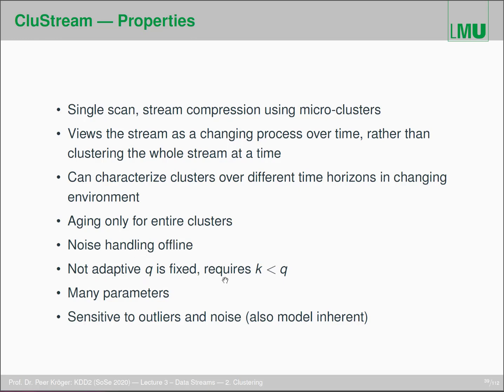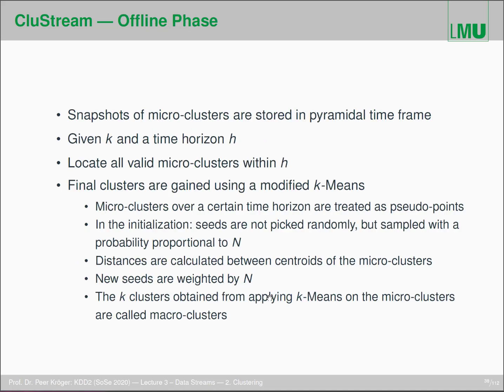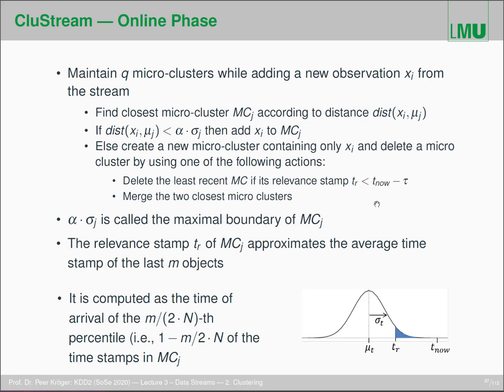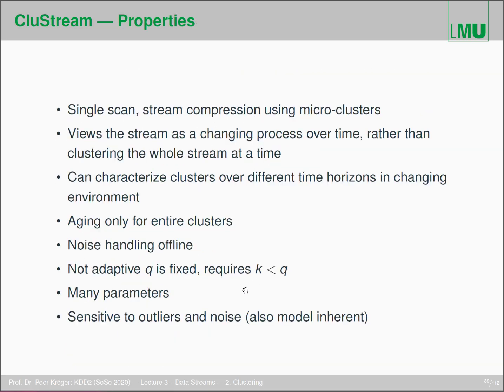Q is fixed, and of course the number of points should be much larger than Q. There are a lot of parameters, as we talked about: the horizon in the offline phase, and in the online phase we have tau, alpha, and m. So there are a lot of parameters to set, but that's how it is. And again, model inherent limitations such as sensitivity to noise and so on. But at least it is a k-means version for streams.